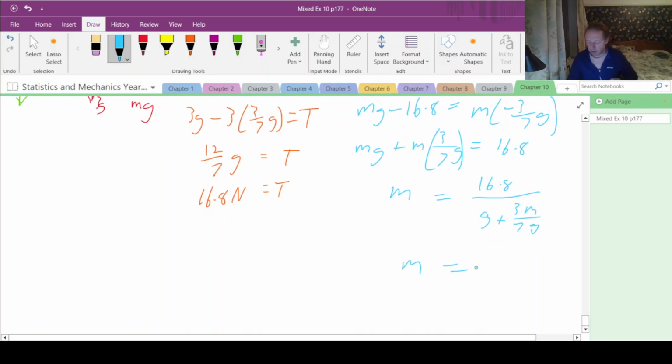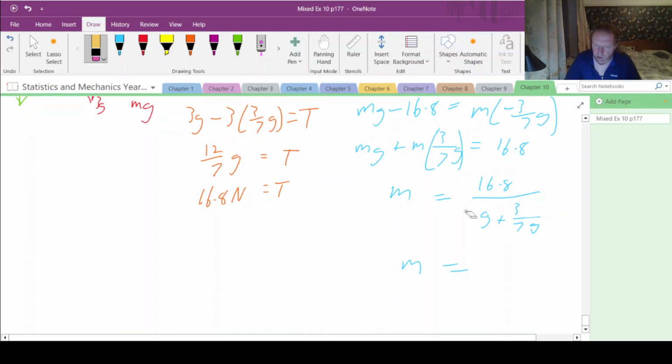So m is equal to 16.8 over 9.8 plus a fraction. Is that m? Oh no, I took that m out, didn't I? I was going to say I don't want that m on there. I've substituted the m out.